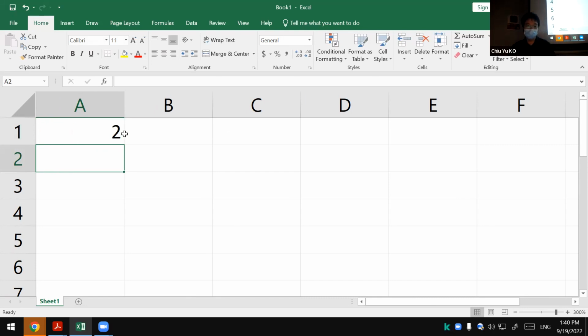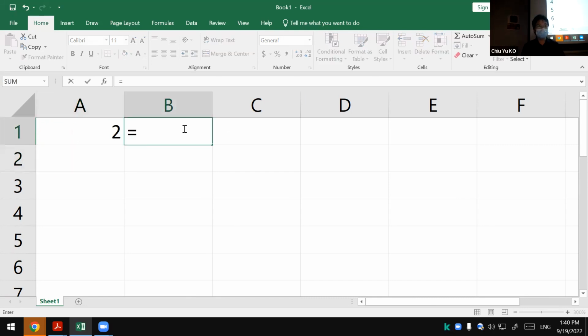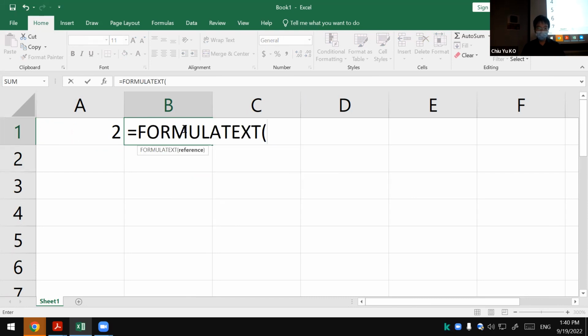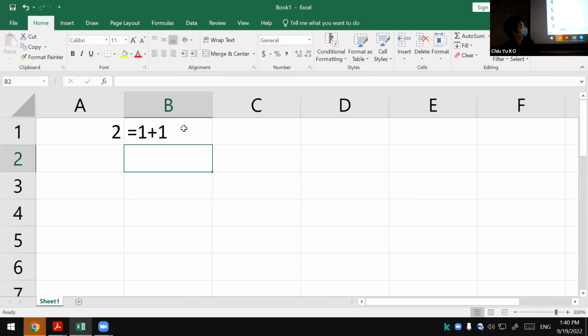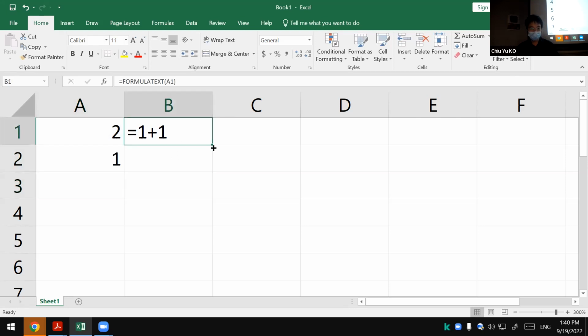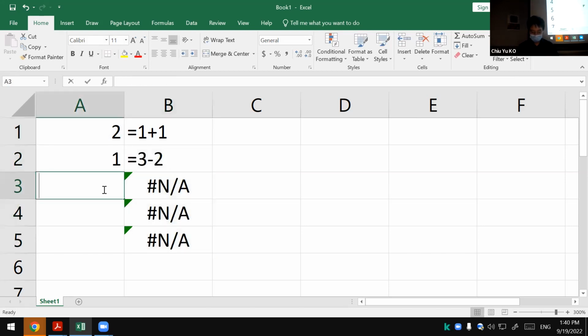One thing I will do for our teaching purpose is put a function, which we call FORMULATEXT, over there, so I will show what I input. We'll talk about functions at a later stage, but this is what is input here. You can have equal to 3 minus 2. You can do addition, subtraction, and multiplication, where the star is multiplication.